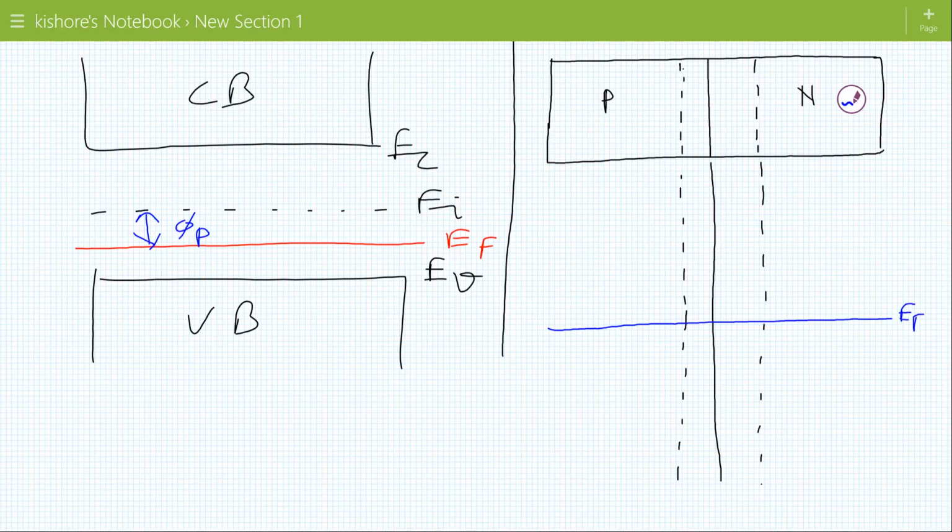This is the position of Fermi energy level in N-type semiconductor, and this one is for P-type semiconductor.